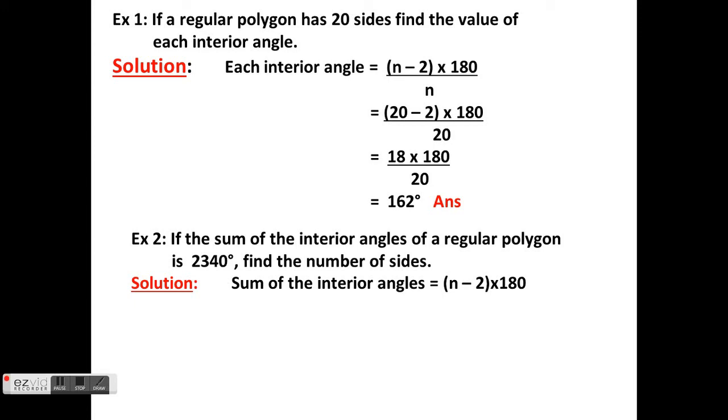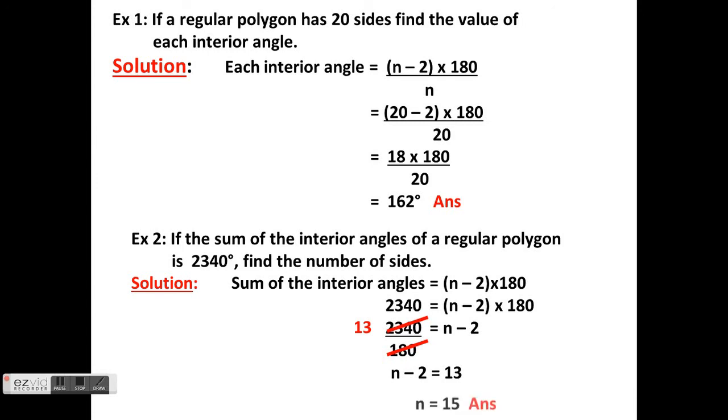So put 2340 equals (n minus 2) into 180. Bring the 180 to the left hand side. It comes down. It will cut 13 times. Now we are writing the same step. n minus 2 equals 13. Take the minus 2 to the right hand side. n is 15. That is all about polygons.